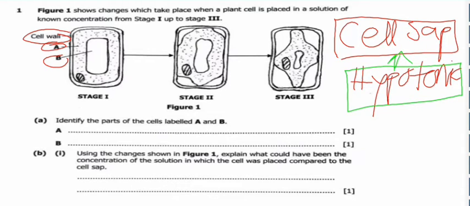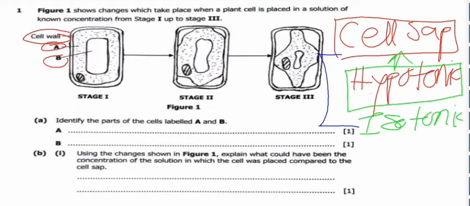Then the second one, we have isotonic solution. When you talk of isotonic solution, it is the solution whose concentration is equal to that of the cell sap, or to that of the inside of a living cell, which means the cell sap and the isotonic solution have the same concentrations.